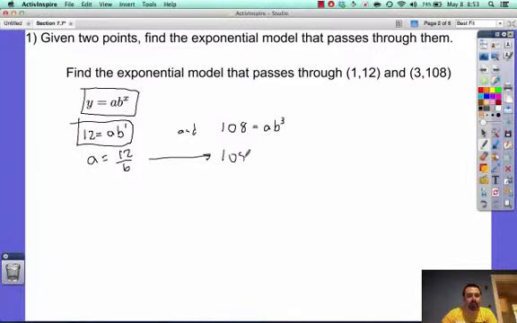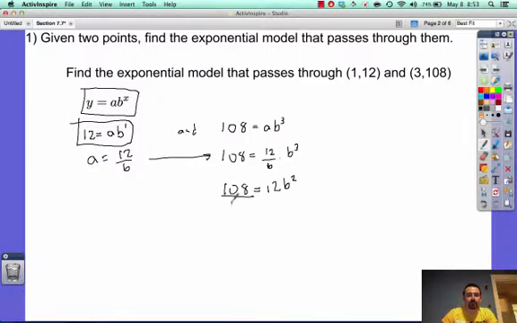So I get 108 equals 12 over b, because that's what I got from here, times b cubed. Now I just use some knowledge. I have 108 equals 12 times b cubed divided by b to the first, which is 12 times b squared. Okay, we're getting somewhere now.